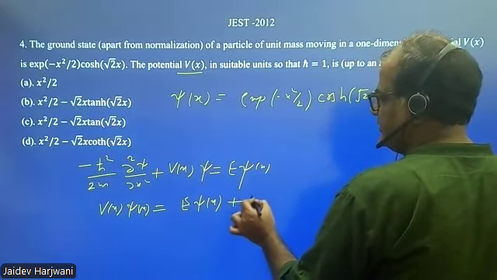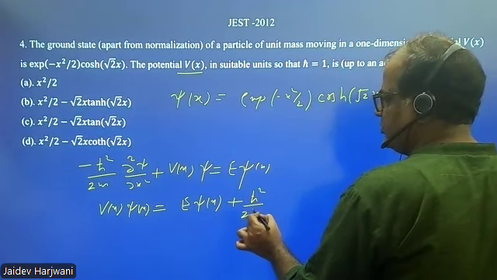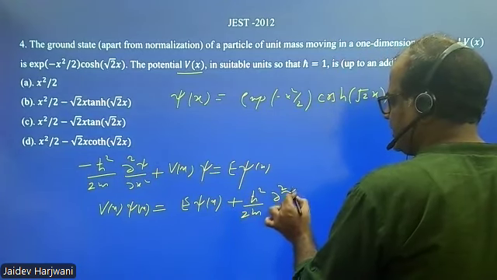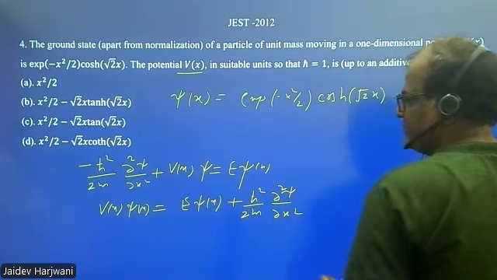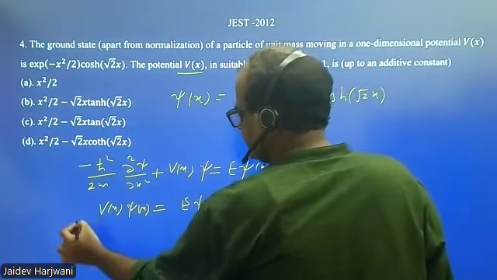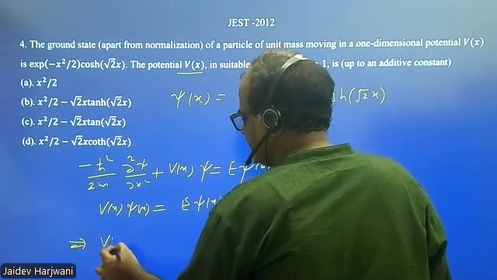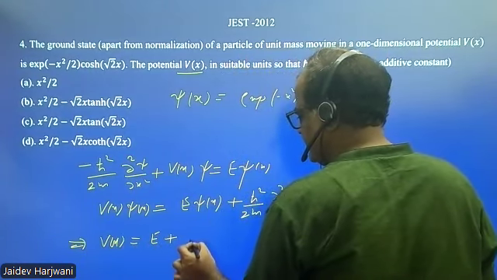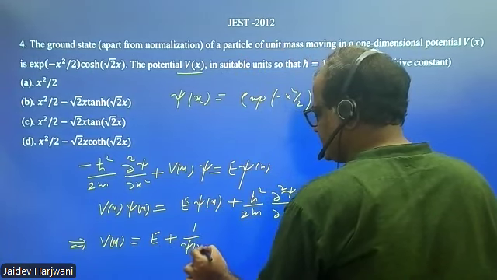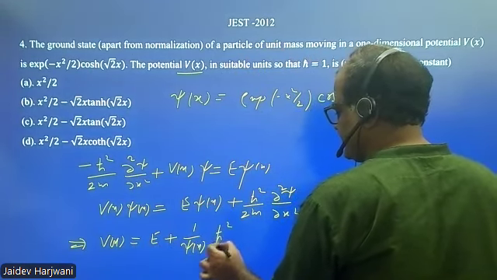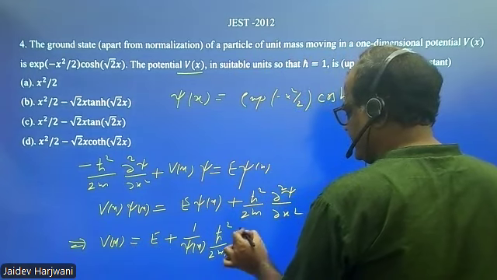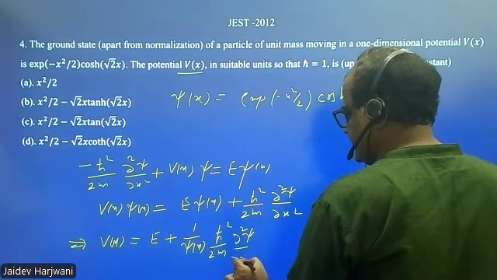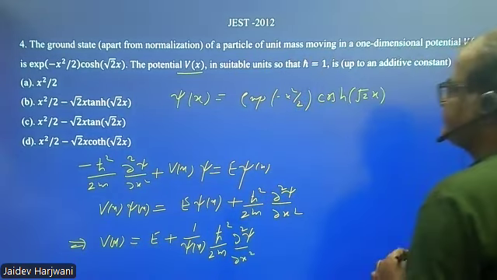So V x will be simply E plus 1 upon psi x, h cross square by 2m, del 2 psi upon del x square.